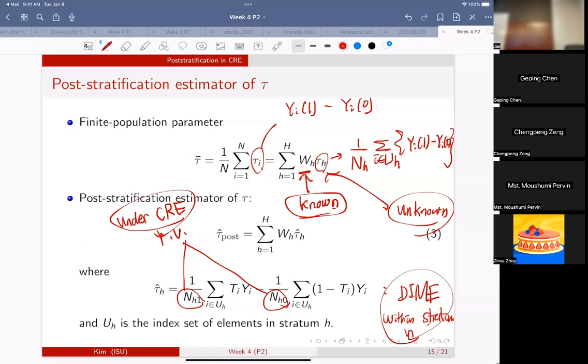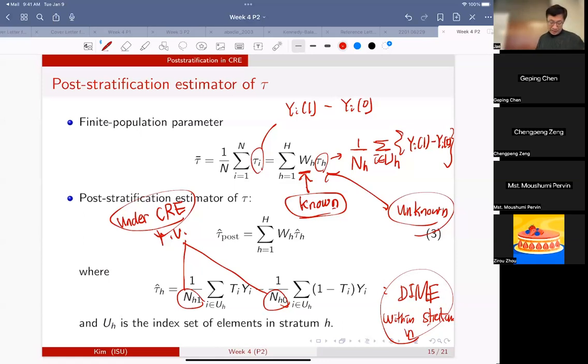We can still use the same formula, but first of all, sometimes this denominator could be 0. Because of the randomness, they may not be available. You may end up getting no sample in female, for example. It's possible. So we may not be able to compute the post-stratification estimator in that sample.